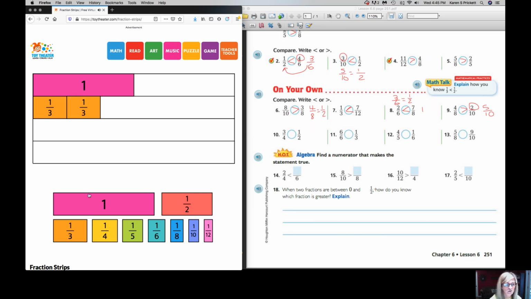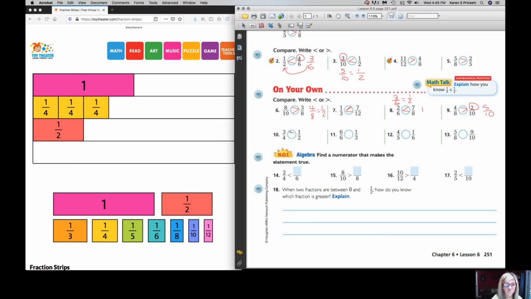I've got 3, oops, I'm pulling thirds, sorry. 3/4, 1, 2, and 3. And then I have 1/2, which is going to be here. So I know that 2/4 is equal to 1/2, equivalent to, and so 3/4 is significantly larger than 1/2. So 3/4 is greater than 1/2.